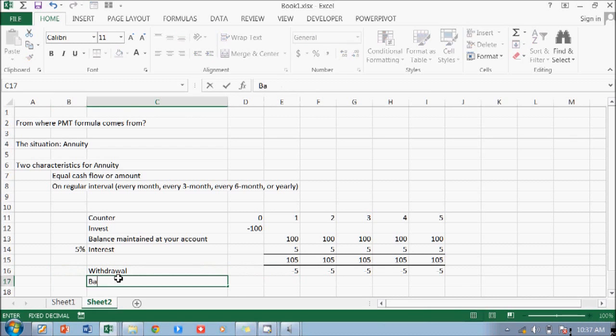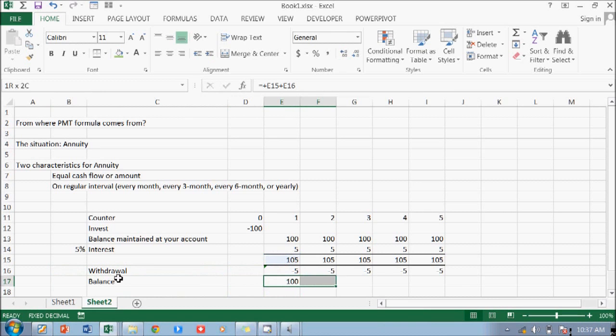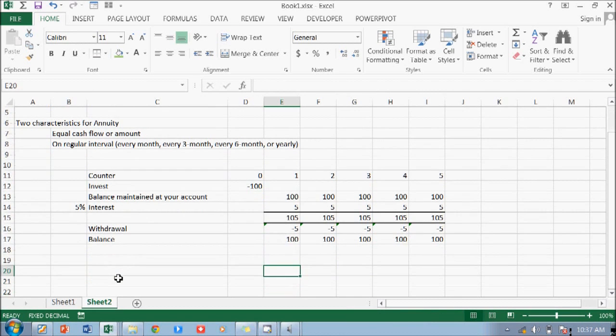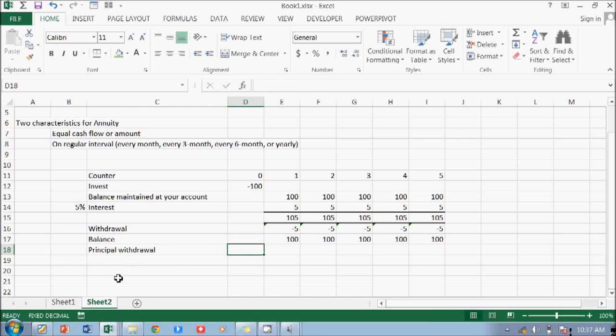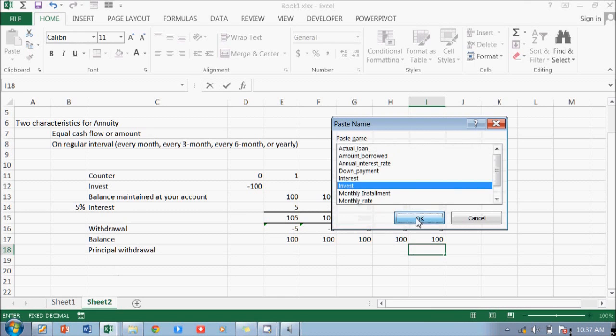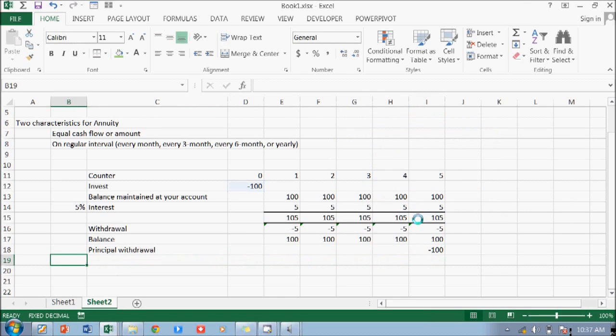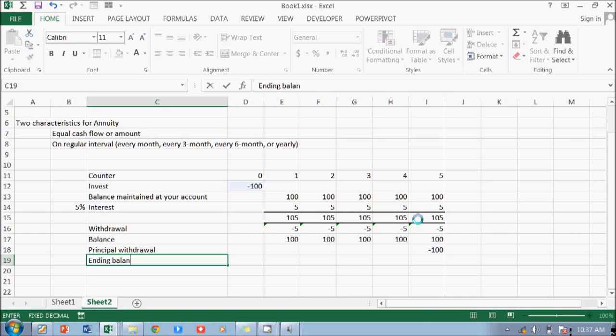So the balance will be exactly the same as what you want to see. Okay, right? 100, 100, and then the last is the principal withdrawal. Then you're going to withdraw minus 100. So just press F3, go to your invest, and then the ending balance is basically this one plus this one.